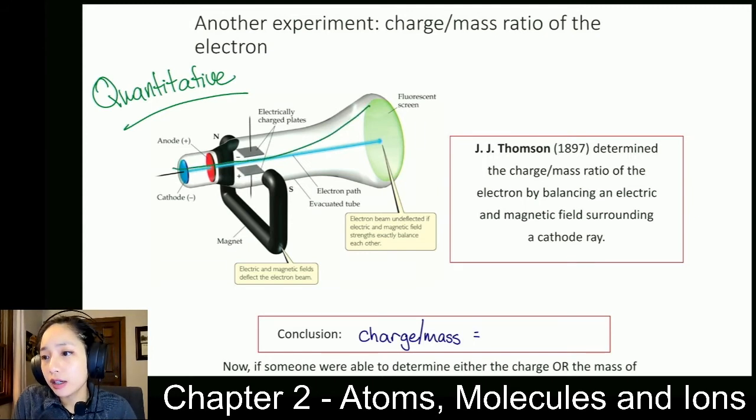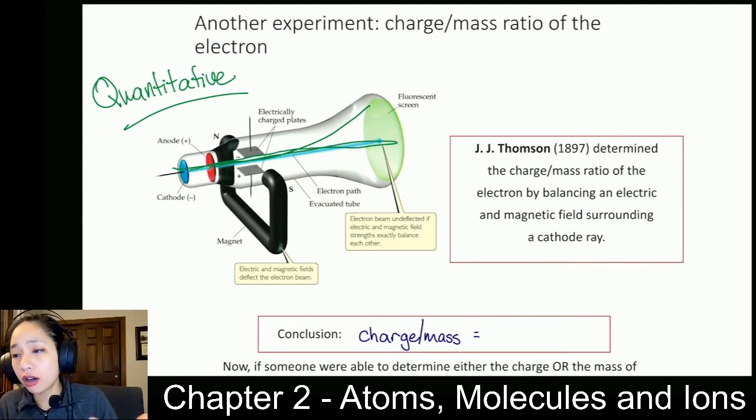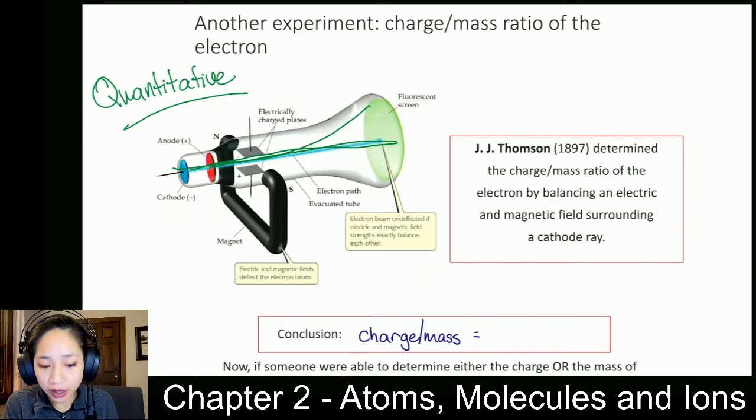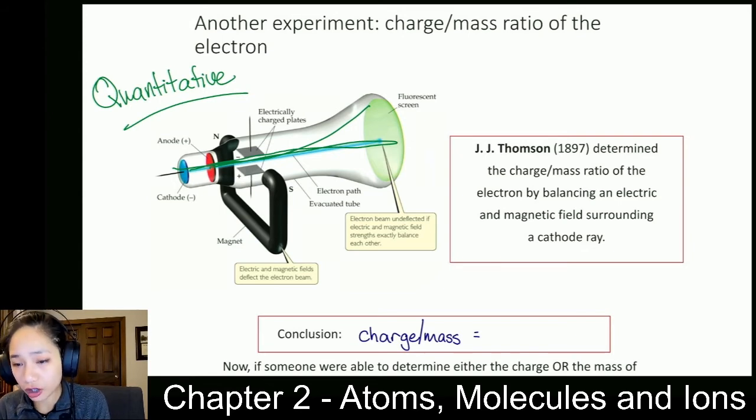And then he took a magnetic field and tried to balance that out. Essentially, could he make the path straight again by turning on a magnetic field? So he balanced the electric field and magnetic field so they cancel each other out to keep that path straight. And by balancing that out, he was able to calculate a charge to mass ratio of the electron. So that's essentially what you need to get: that J.J. Thomson's cathode ray tube experiment was a quantitative experiment, and from it he got a charge to mass ratio of the electron.